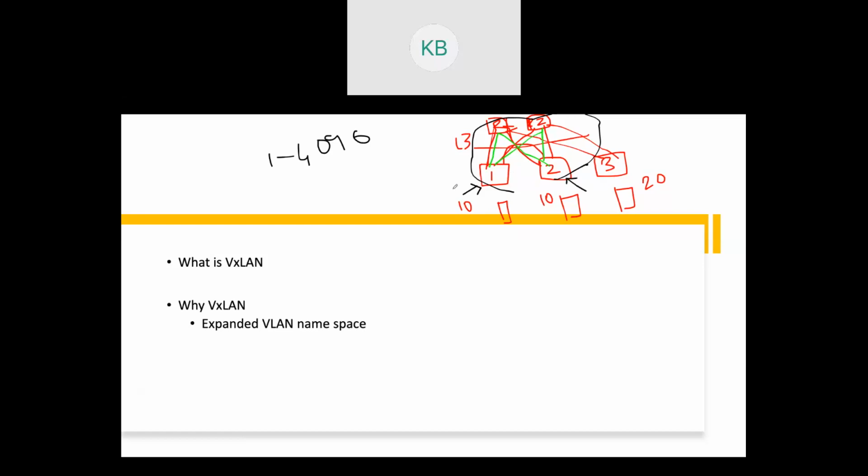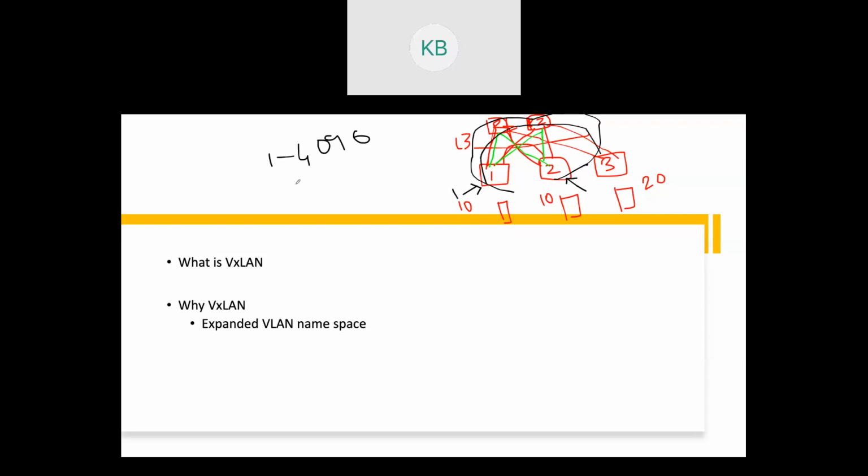So if this is, let's say, client number 1 who wants to talk using VLAN number 10 and is connected to switch number 1, you cannot assign the same VLAN to a different client connected to switch number 2, because the VLAN number is globally significant in the entire layer 2 domain, right?